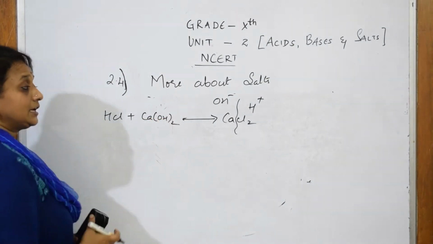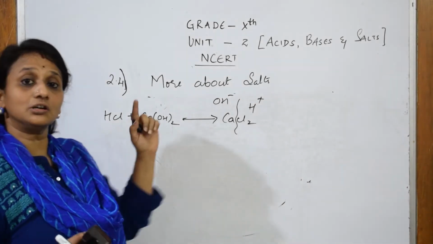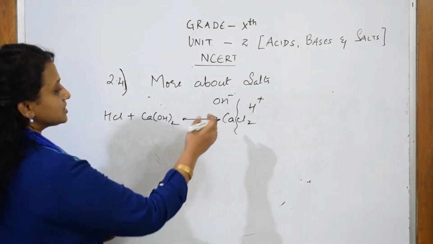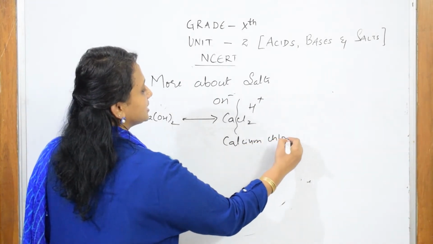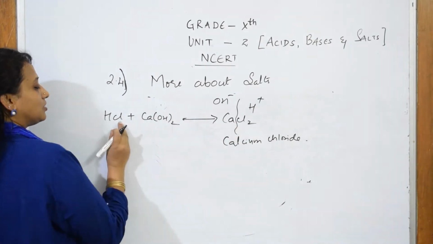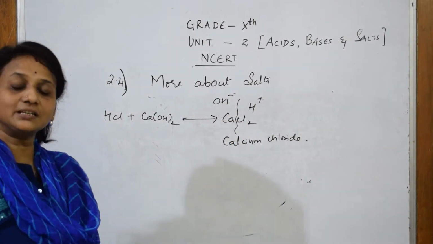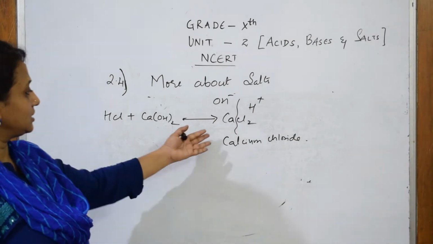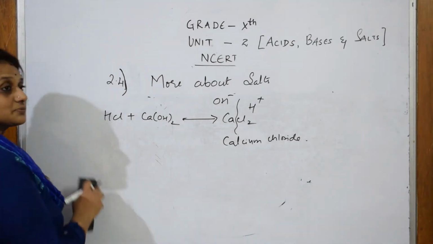Now I said if the salt of HCl is called chlorides, that is what I said. What is the name of this? Calcium chloride. Am I right, students? Yes, perfectly right. So the salt of chloride or the salt of HCl is called chloride. Proven, isn't it? The earlier paragraph what we read, exactly proven to this example. That's clear, right? So this is about the salts.